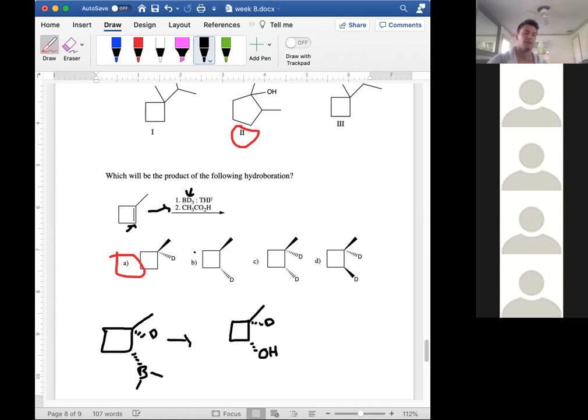But that acetic acid comes along and takes away that OH. Thus, you're left with the same exact thing, just without the OH. That's how we got A. Is that somewhat understandable?